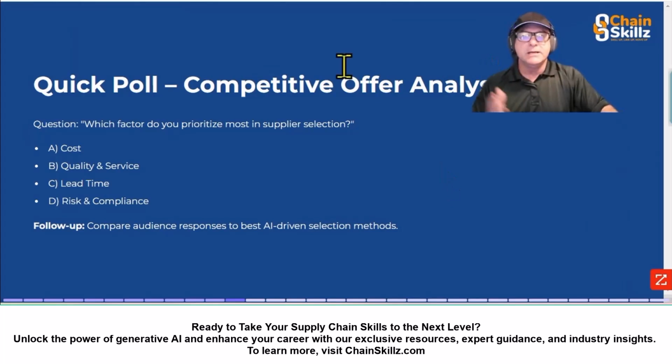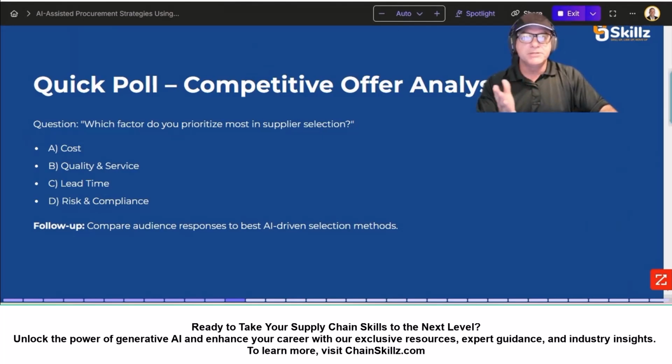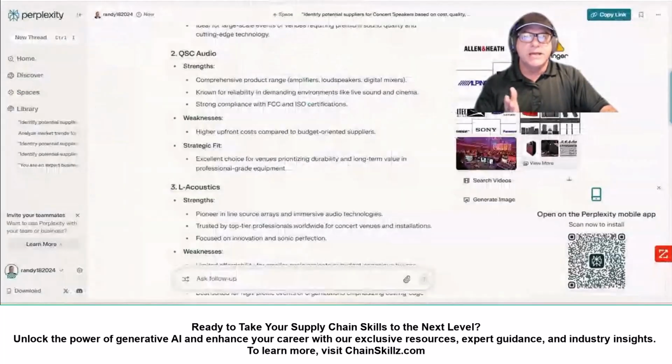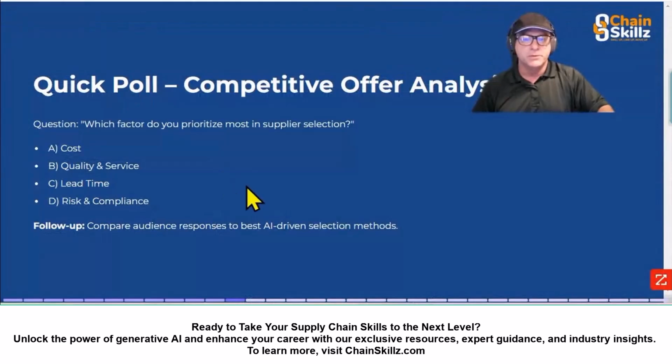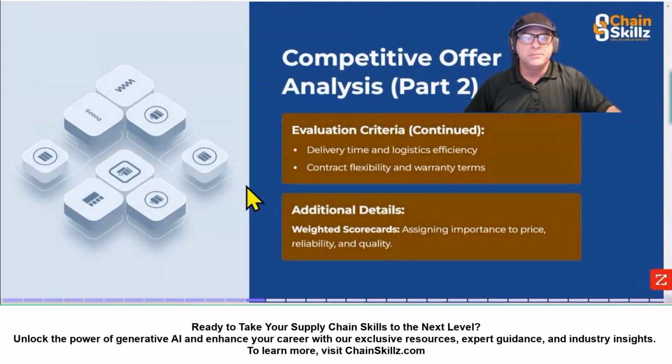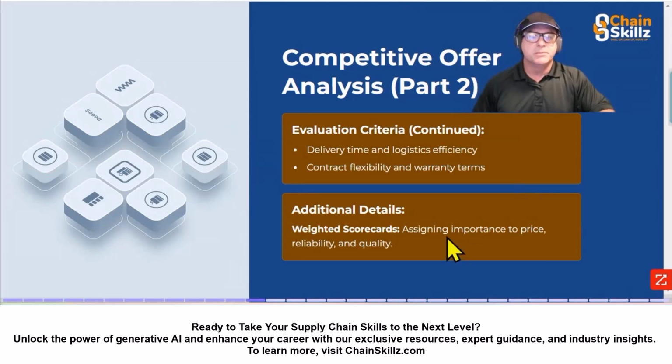So if we were getting all this information about the speaker system, and now it's like, okay, how are we going to go to market? What are we going to do? This particular piece, we'll look at the evaluation criteria: delivery time, logistics, contract flexibility, and warranty terms. We would look at these when we do a weighted scorecard, assigning the importance to the price, reliability, and quality.